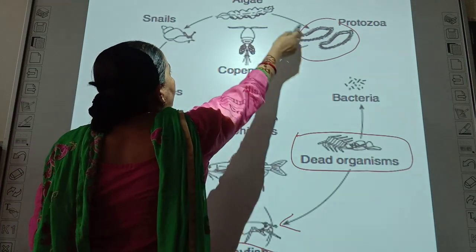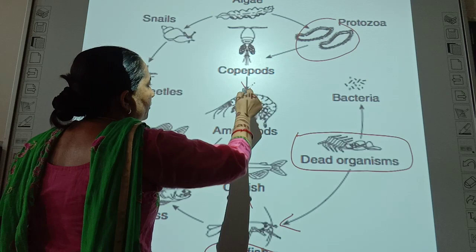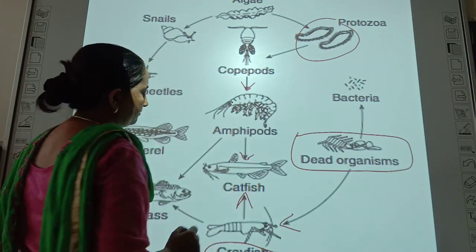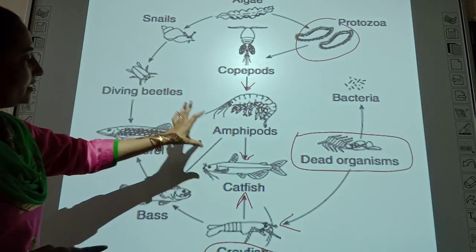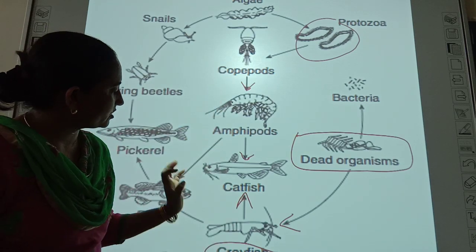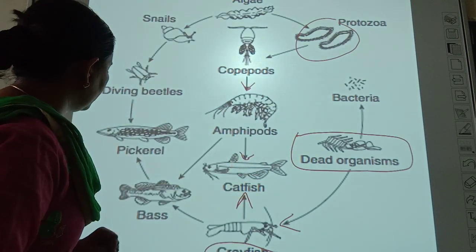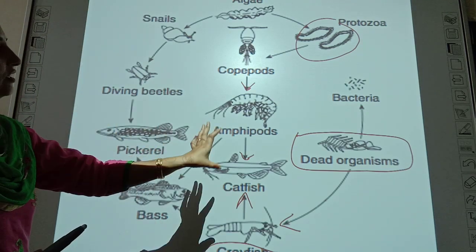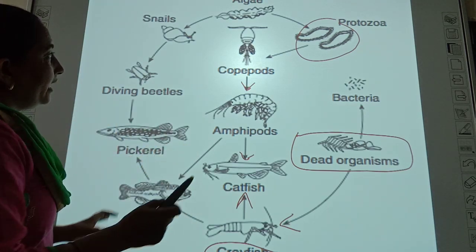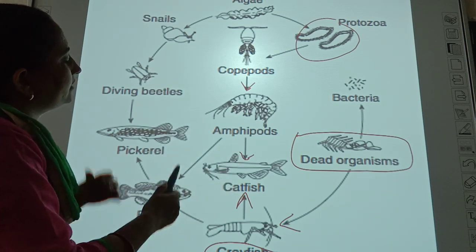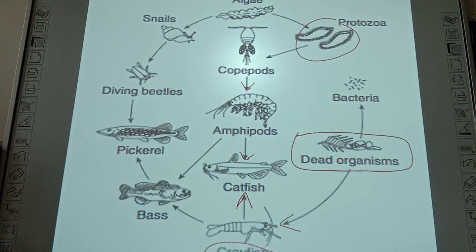Here the direction of the arrow is from this to this. So this indicates the transfer of energy from lower level to the higher level. So many trophic levels are formed here, and these are interconnected in a food web.